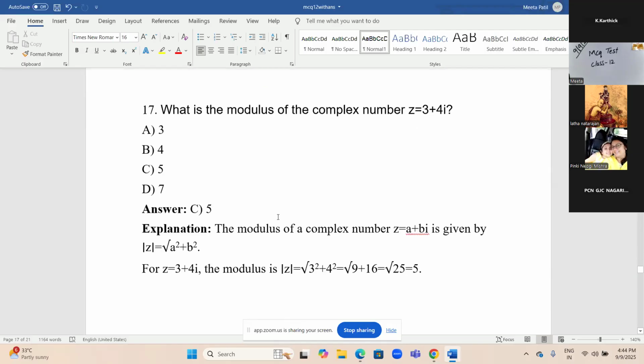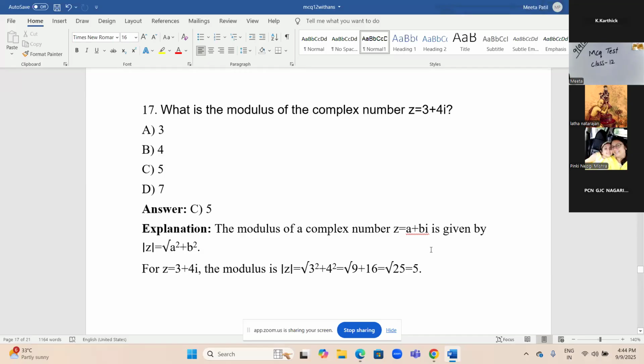Next, the 17th question. What is the modulus of the complex number z equal to 3 plus 4i? If you have a plus bi as the general form, the modulus of z is equal to the square root of a square plus b square. Replace a as 3 and b as 4.